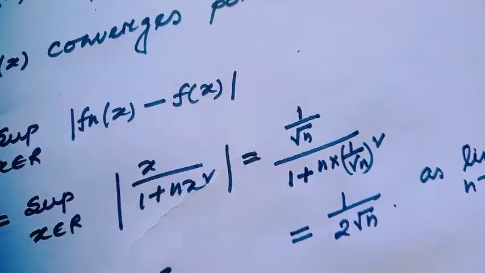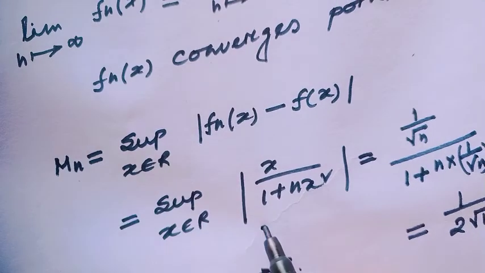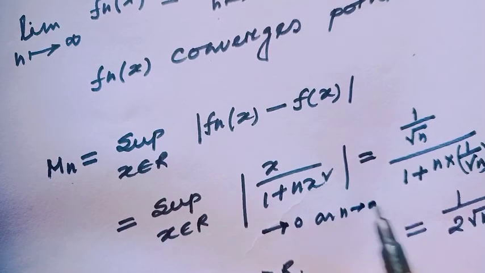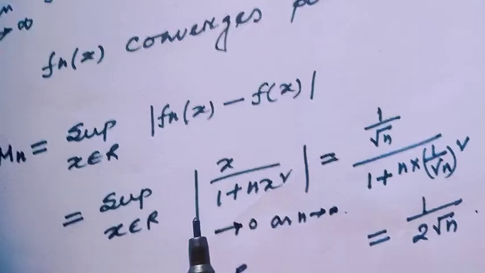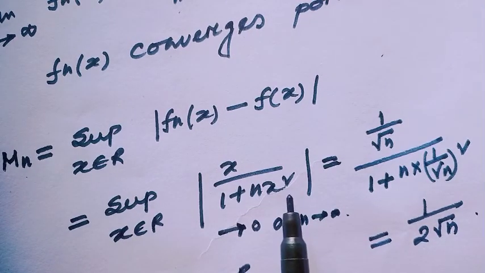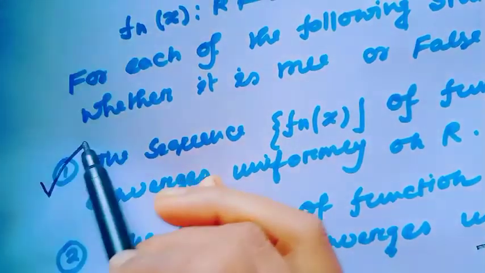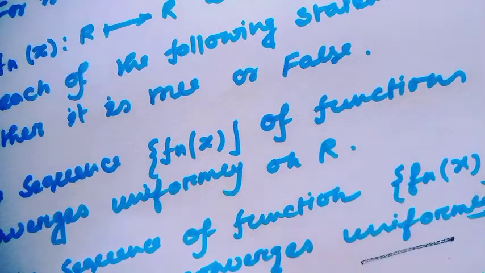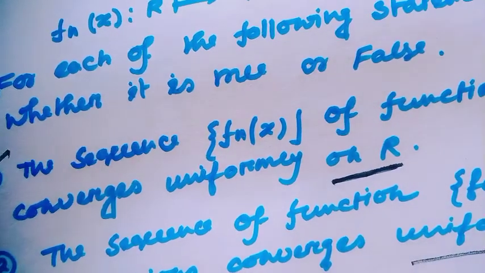That means the supremum value tends to 0 as n tends to infinity. Therefore, obviously this function is uniformly convergent on the whole real line. Option 1 is a right option: the sequence f_n of the function converges uniformly on the whole real line.